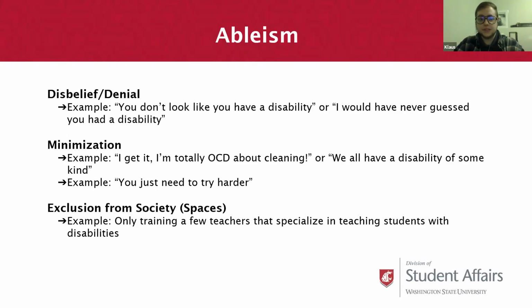Another example of microaggressions targeting people with disabilities is minimization. So like minimizing the struggles that people are facing by saying, "We all have a disability of some kind." I get that one a lot. And oftentimes that's people trying to say, "I understand because I also have experienced impairment." But what it comes off as is, you're trying to tell me that you're experiencing an impairment and that you need assistance, but I don't believe you.